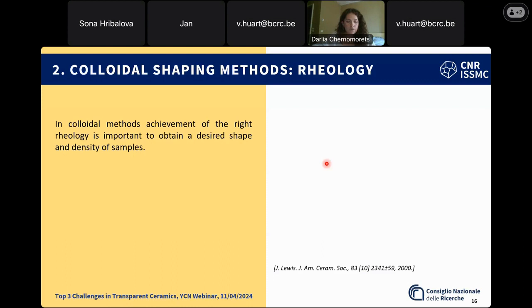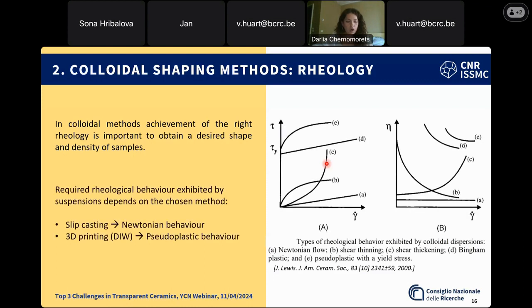They are part of one big challenge in our field, which is how to reach high transparency, because we can use sintering aids, but not the right powders, for example, and we will not have transparency. Or we can choose just the best powder, but due to some issues with the sintering process, we will not reach high density, we will have some defects, so again, we will not reach high transparency.